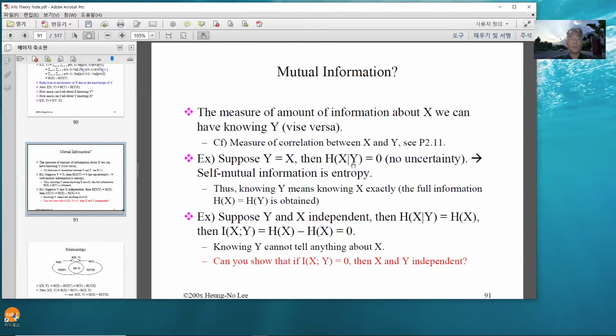Then mutual information is equal to H(X). So that is the amount of information about Y one can tell by knowing X, or vice versa. So you perfectly know the other. So self-mutual information in this case is just the entropy. Knowing Y means knowing X exactly. The full information is obtained.